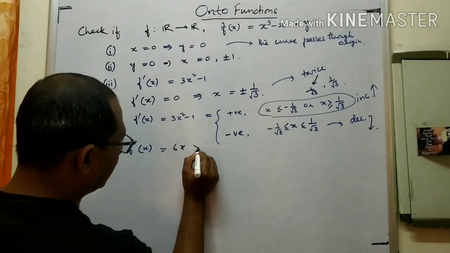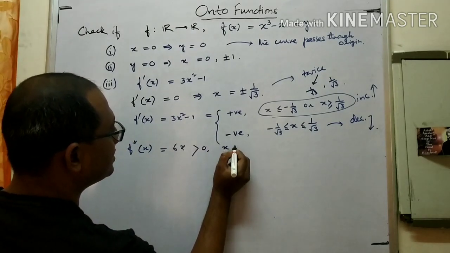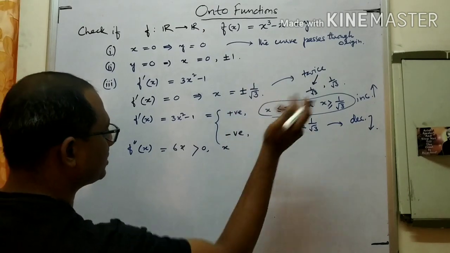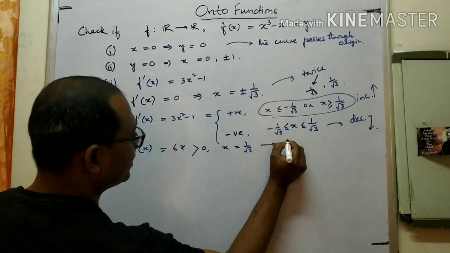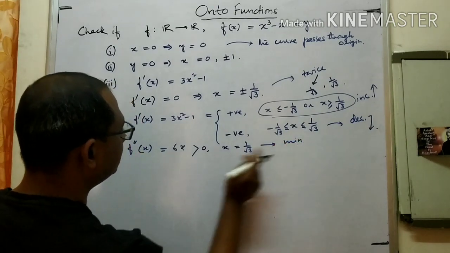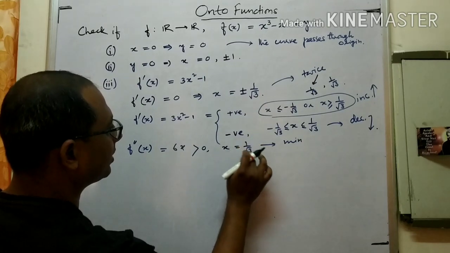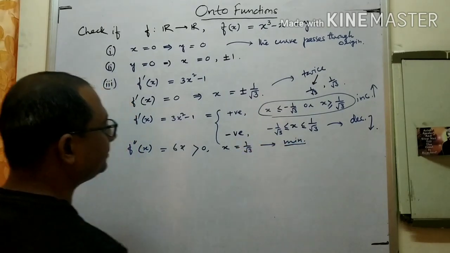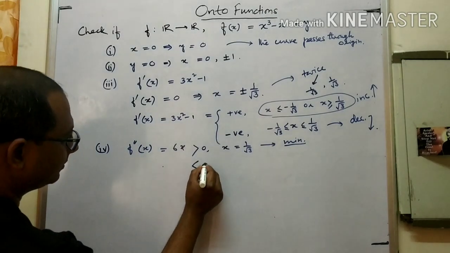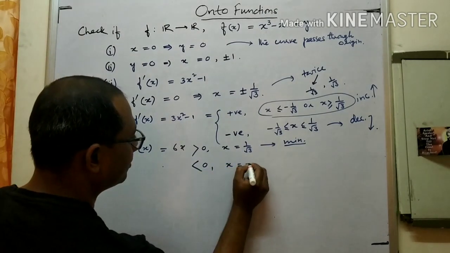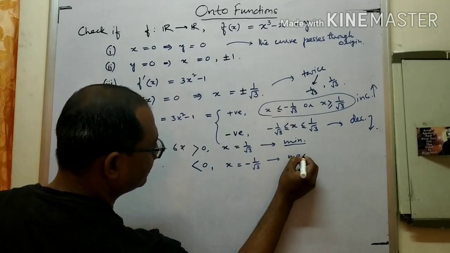It is greater than 0 when x equal to 1 by root 3, so f double dash x is positive and x equal to 1 by root 3 is a point of minimum. It is less than 0 when x equal to minus 1 by root 3, so this is a point of local maximum.